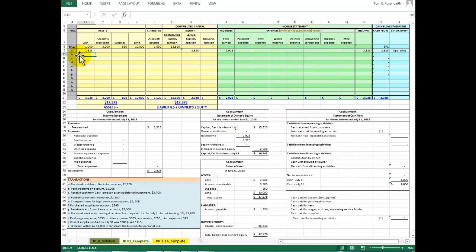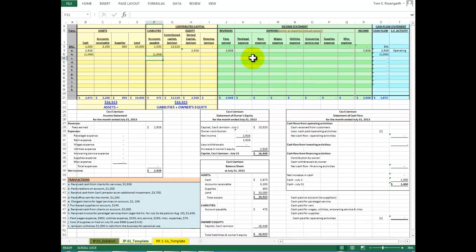Second transaction, Cecil Jameson paid creditors on account $1,055. Paying cash reduces cash, so we will enter a negative $1,055 under cash. Since Cecil paid creditors, creditors represents accounts payable. Paying off a creditor means that we have reduced the balance in accounts payable, so we will enter a $1,055 negative amount under accounts payable.